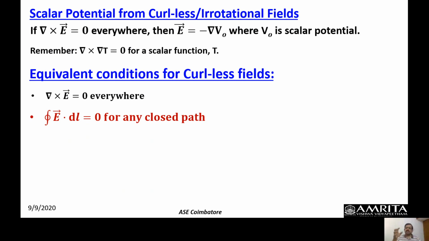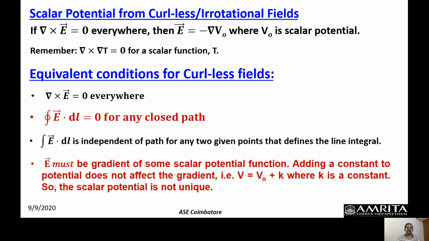So if I interrelate this Stokes theorem to the gradient theorem, my consequence can be shown as: the line integral of the electric field must be path independent for any two given points. Okay, so that is the implication.